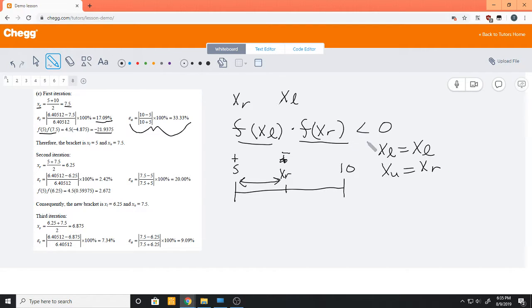And vice versa, if it's greater than 0, there is no sign change, so the root has to be over here. So xr is going to be your new lower, so xl will now become xr, and x upper will stay the same.